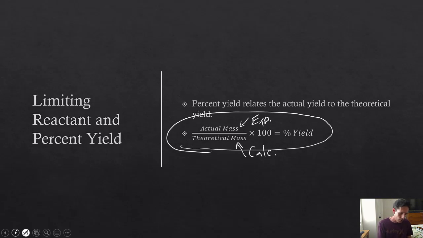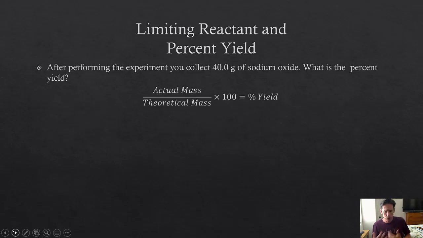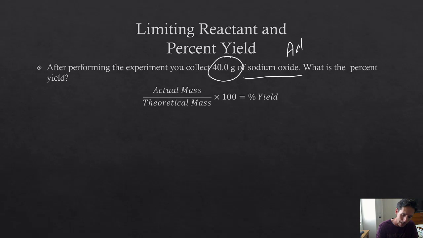So let's say, for example, after performing the experiment, we actually collected only 40 grams of sodium oxide. The question is, what is the percent yield of that reaction? Well, the 40 grams of sodium oxide is my actual. And you're going to say, well, what's my theoretical? That's what we figured out earlier, the 46 grams of sodium oxide that we would produce.